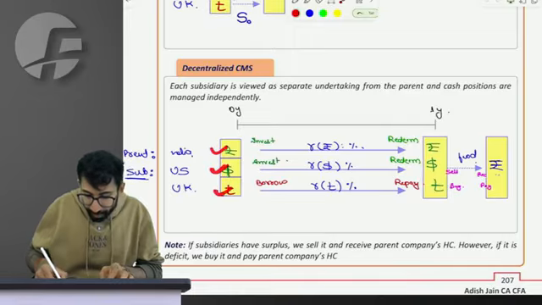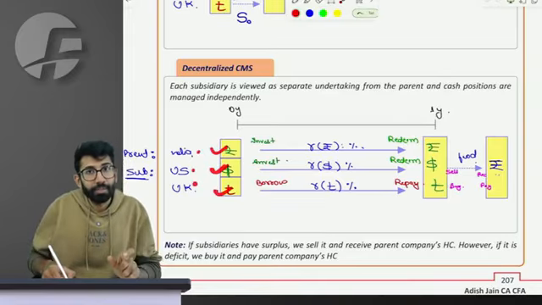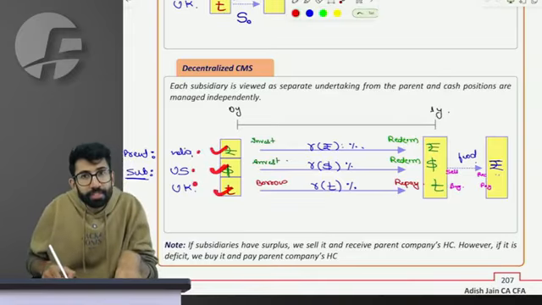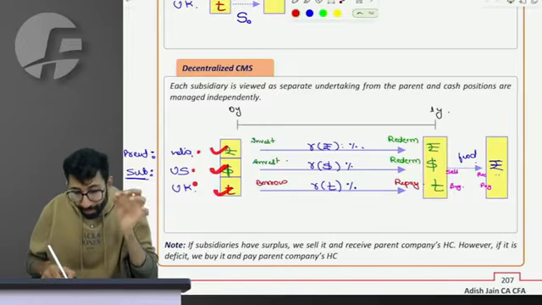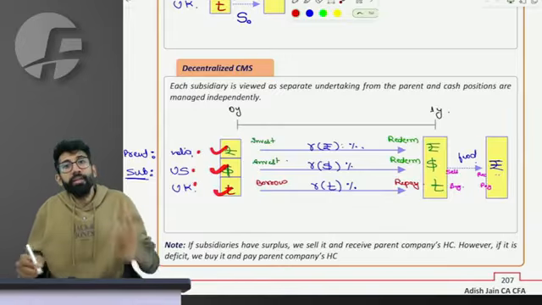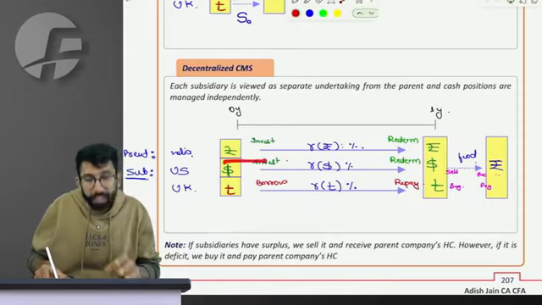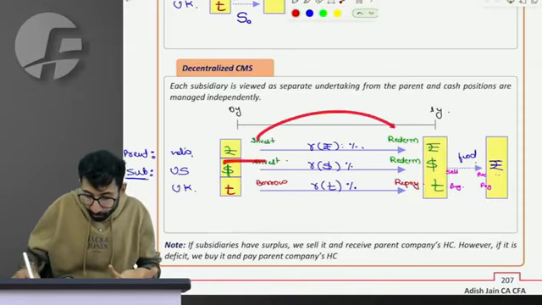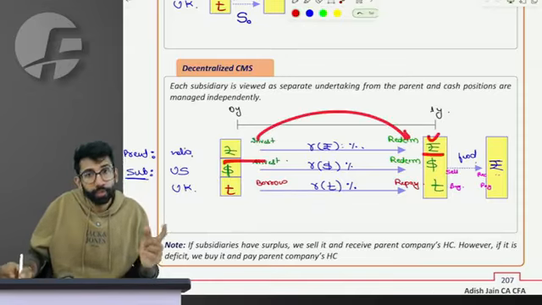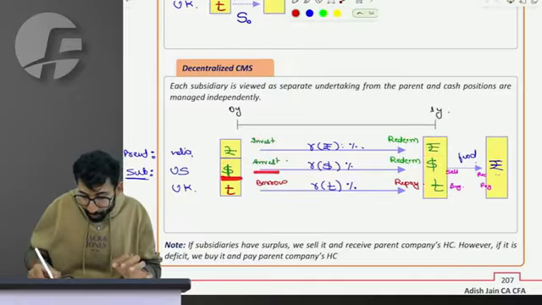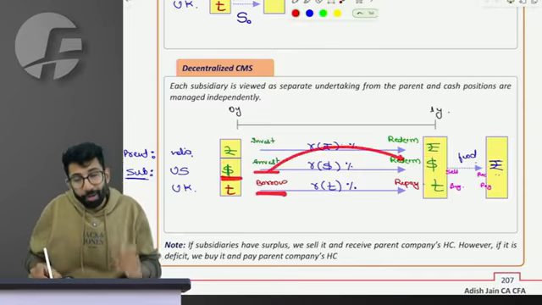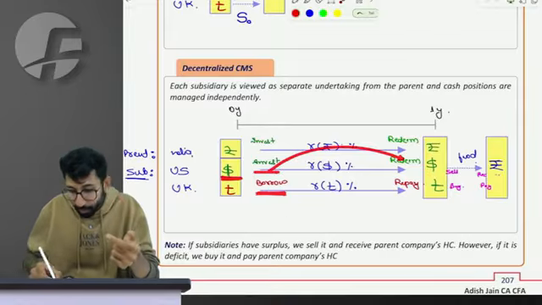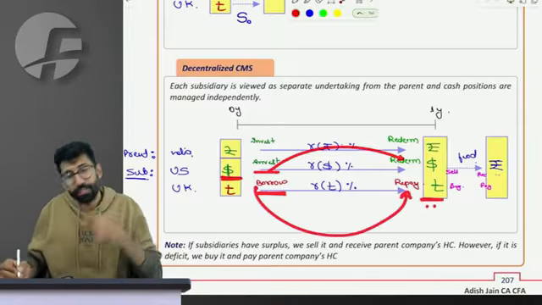The respective surplus and deficit of the parent and subsidiaries is not brought into a single parent's currency. They are independently managed on their own. The Indian company, if it has anything extra, will invest and redeem on its own. The US company will invest and redeem on its own. The UK company had a pound deficit, so it will borrow and repay on its own.